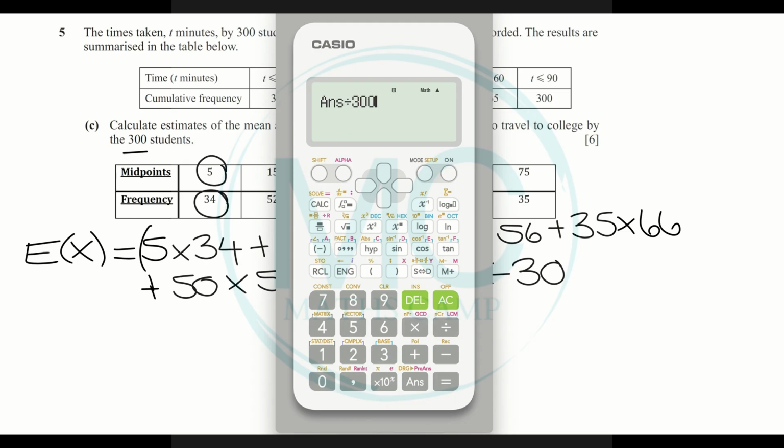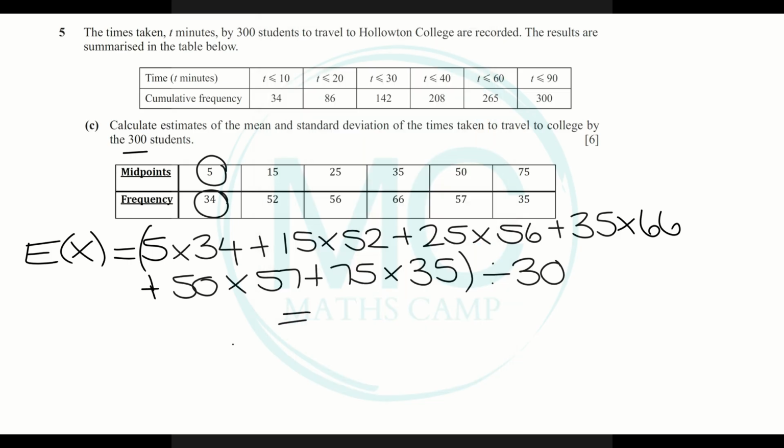Divide by 300 is equal to 33,78. I'm going to round off to 3 significant figures and I get an estimated mean of 33,8. Now that I have my mean, I need to find the standard deviation.